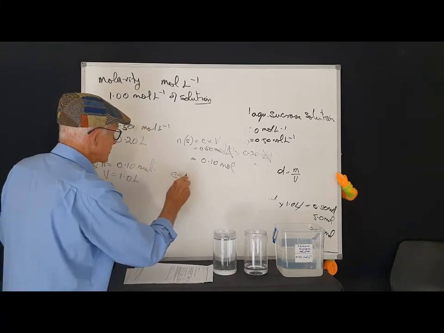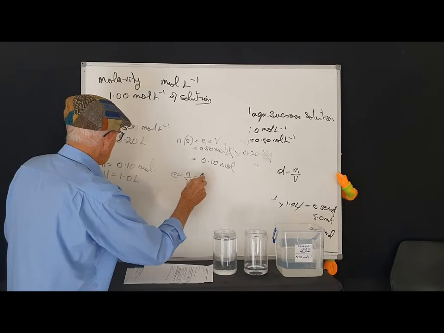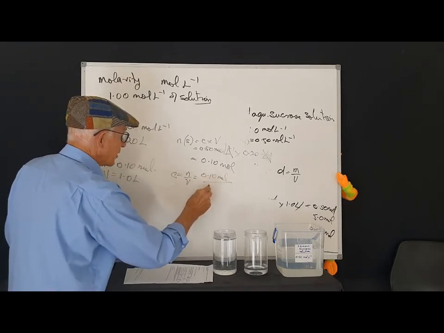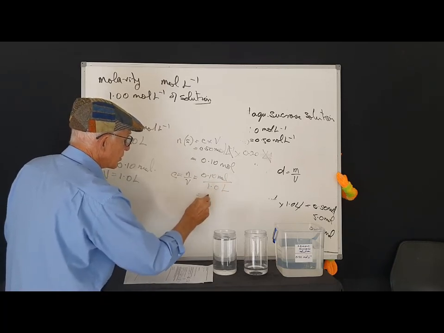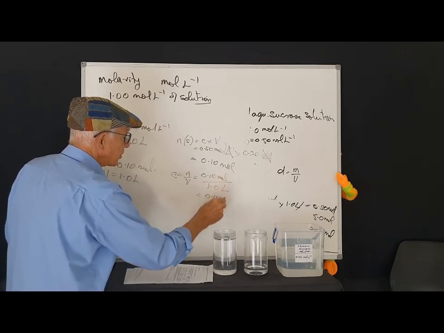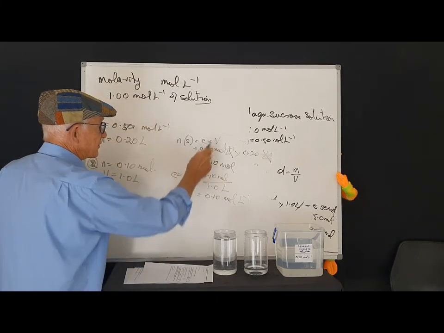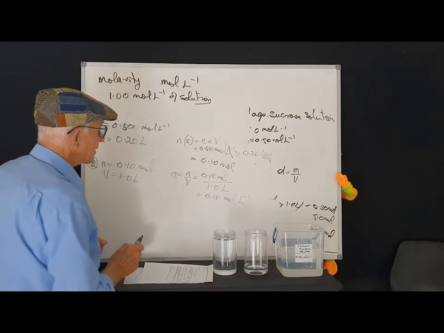Now the concentration is n on V, which is 0.10 moles divided by 1.0 litres. This is 0.10 moles per litre. You see the value of writing this out in full when you're doing calculations and not having capital M.